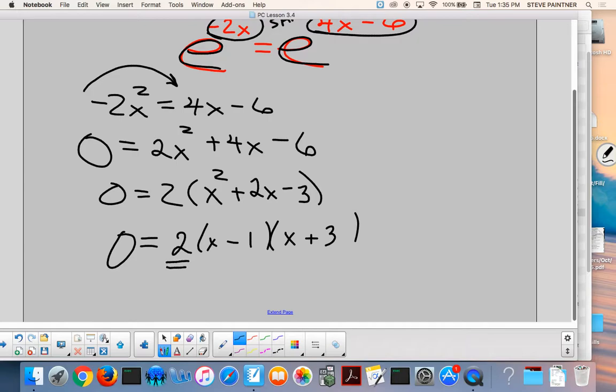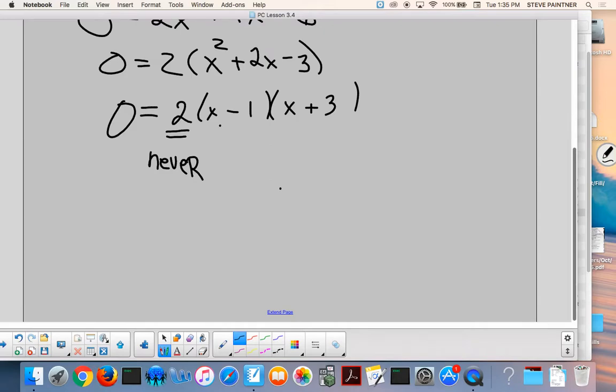When 2 is 0? How do I make a 2 a 0? Guys, if it doesn't have an x attached to it, when will it ever be 0? Never. That cannot be 0. But x minus 1 can be 0 when x is 1. This one when x is negative 3.